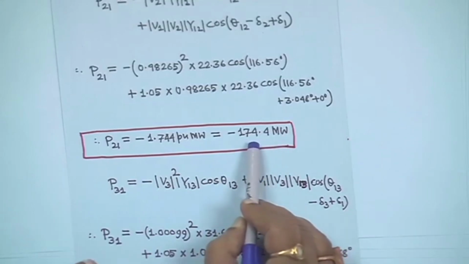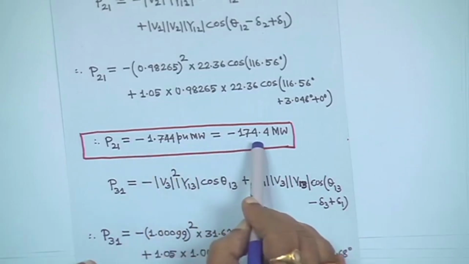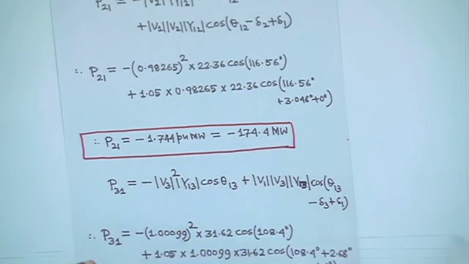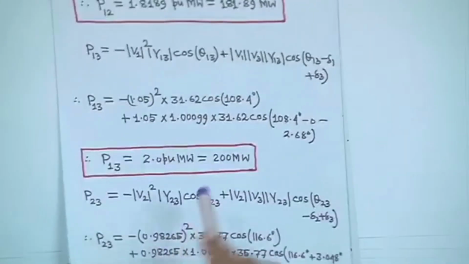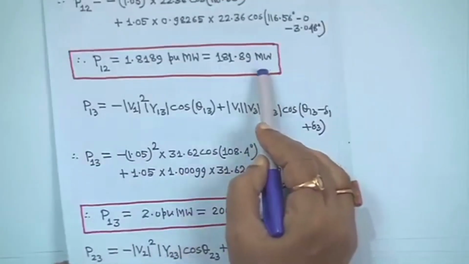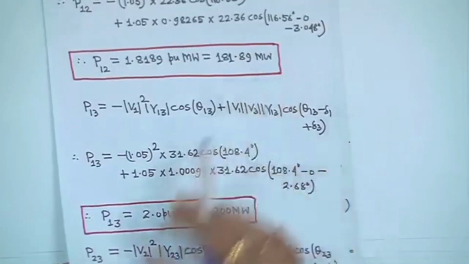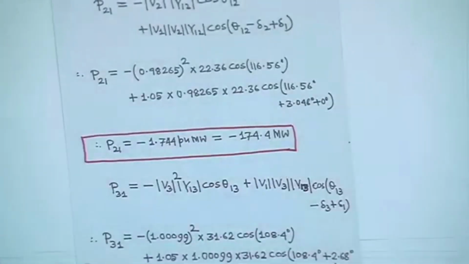This difference indicates the resistive loss in the line, that we will see after this.